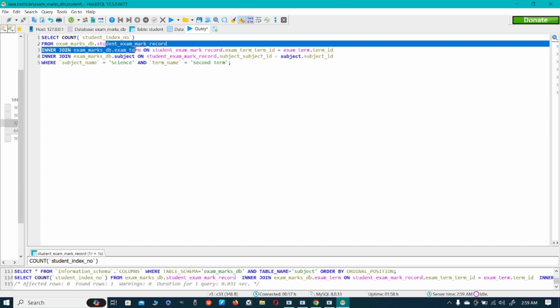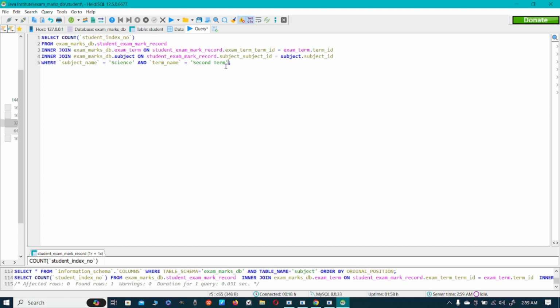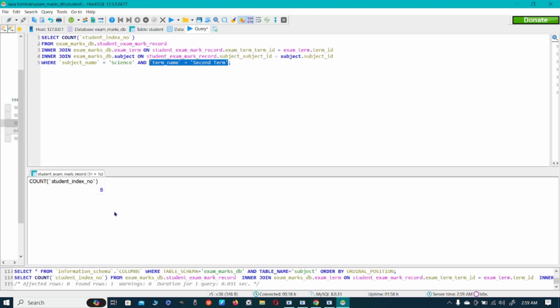Then we have inner joined the student exam mark record table with the exam term table to filter second term marks, and to filter the science marks we inner joined the subject table. And lastly we get to see our condition. Subject name is science and the term name is second term. So this is what I got. I got the answer as 8.